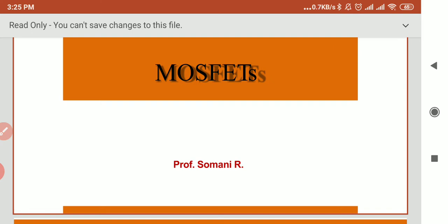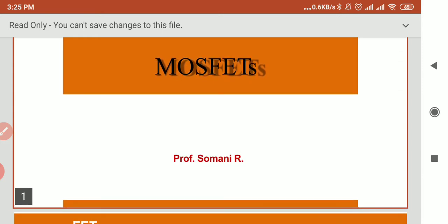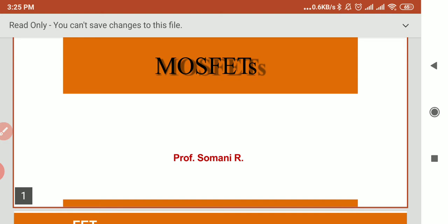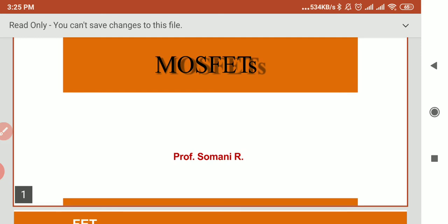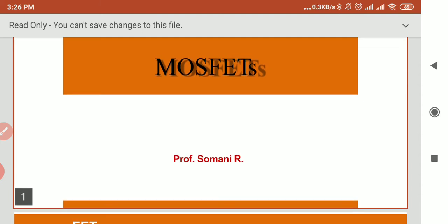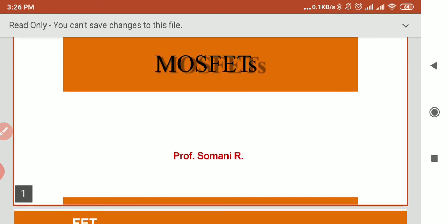BJT is a bipolar junction transistor and FET is unipolar. In FET, current flows only because of majority carriers, and in BJT, current flows due to majority as well as minority carriers. It means FET is a unipolar device and BJT is a bipolar device.